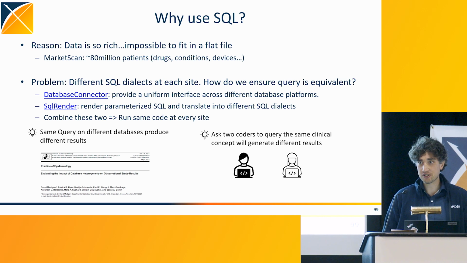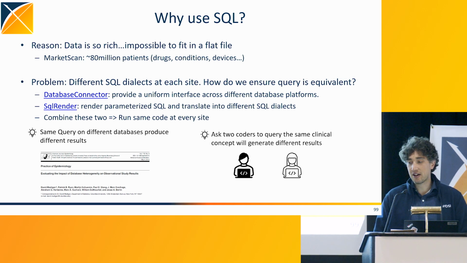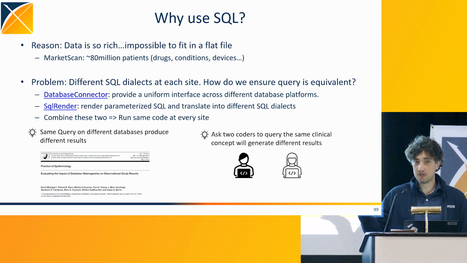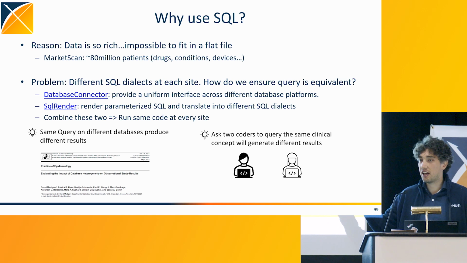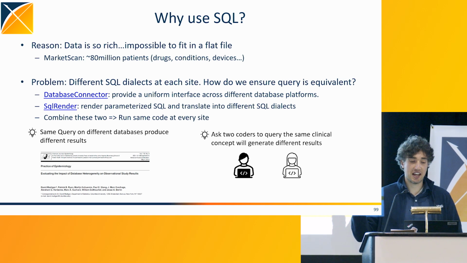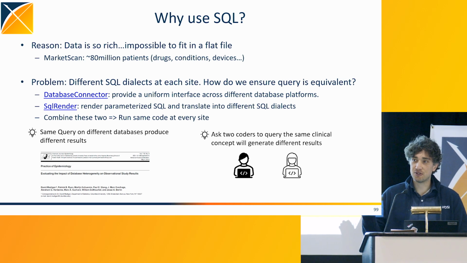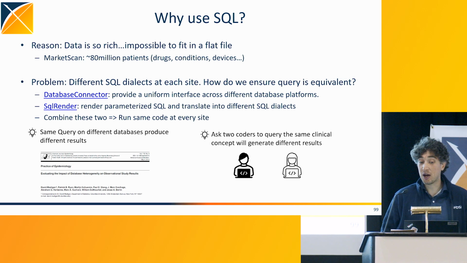A resident would come to me with their crazy Excel file that had all these crazy features, and then I would have to run my statistical analysis. That would be like 50 patients, let's say. Now, let's think of if we took that model and scaled it up, and we're working on MarketScan, which has 80 million patients. How could you expect someone to do a chart review on this flat file? You get a CSV file, it'd be impossible.